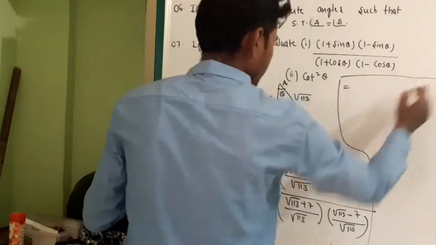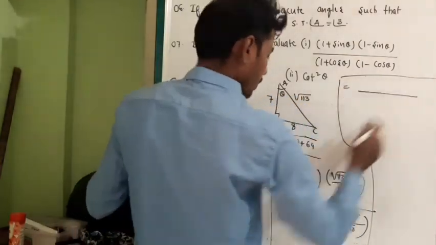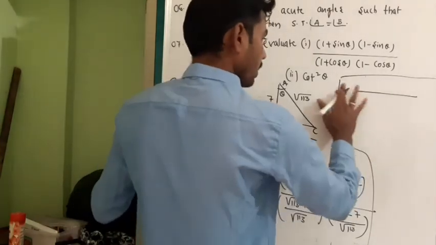So what we are going to get, see, root of 113 whole square is nothing but 113.